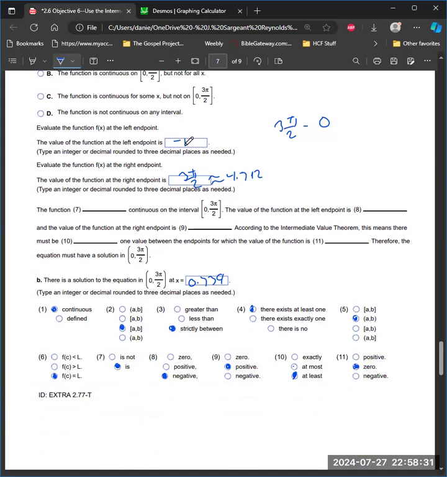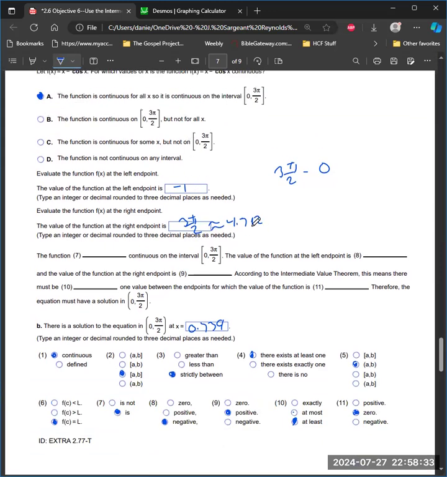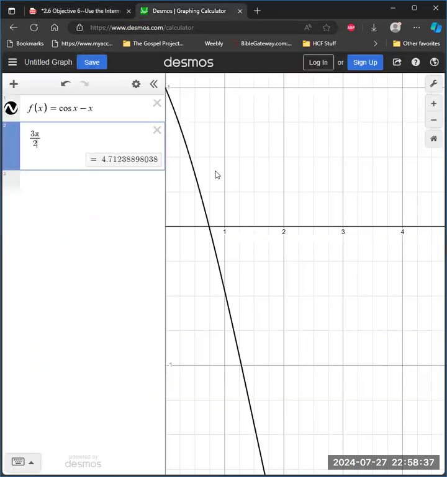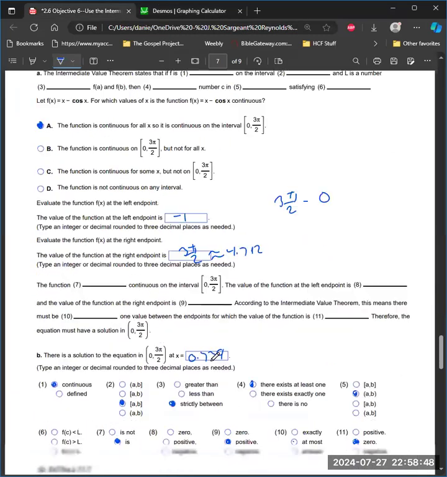Right? So we switched from negative to positive. 0 was in the middle, and there had to be at least 1 zero between 0 and 3 pi over 2, and it's right there at 0.739.